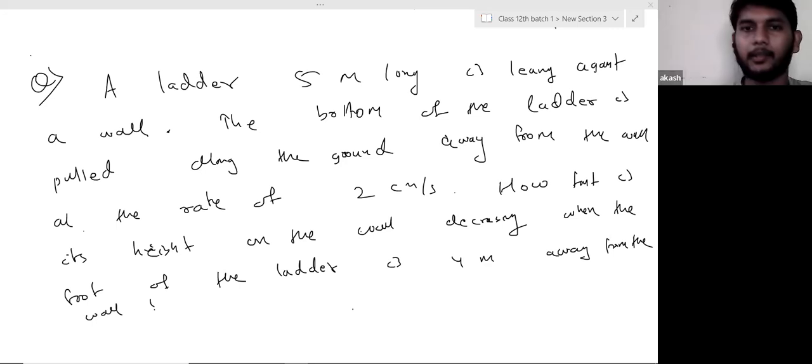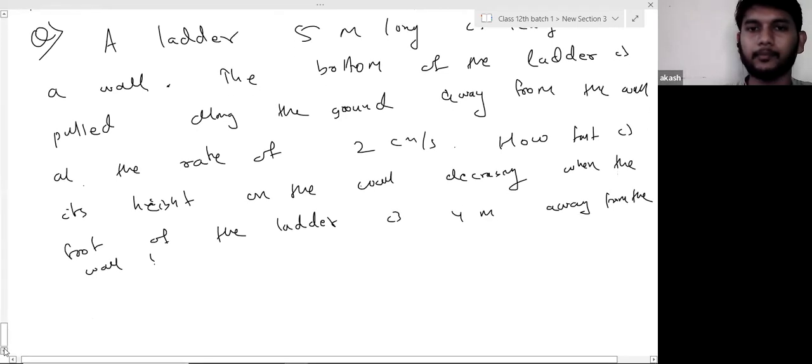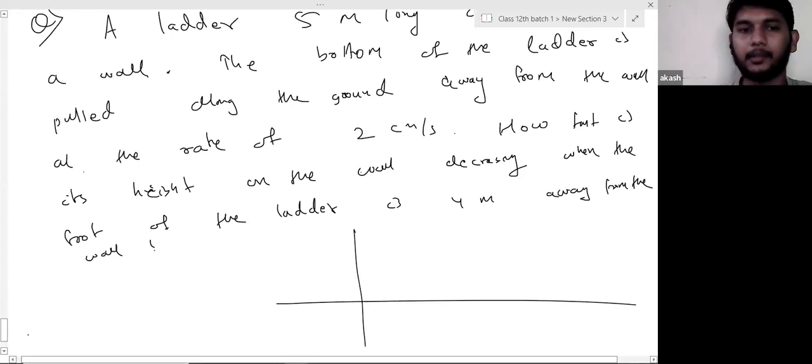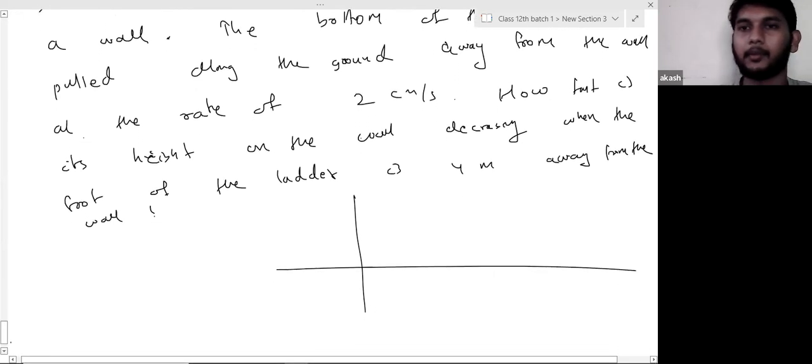Let me just give you a hint how to solve. See, if you have remembered the chapter named rotation, they give you questions like this. There is a ladder like this on the wall, and this is being pulled away.